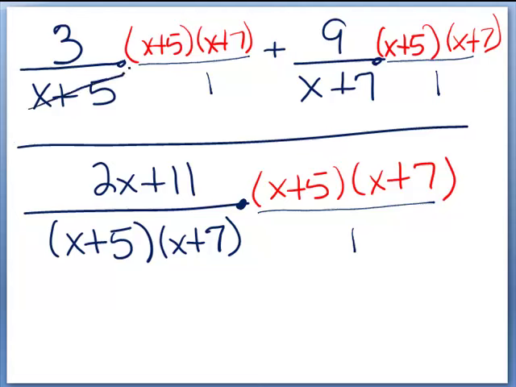So we divide out the x plus 5s, and notice what you're left with in the numerator: 3 times x plus 7.